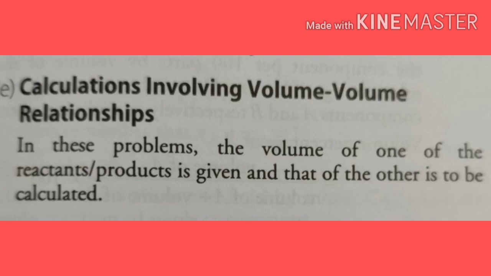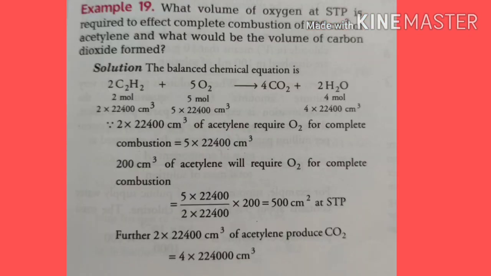So 2 moles of acetylene will consume 5 mole of oxygen and produce 4 mole of carbon dioxide. So for the volume, 2 moles means 2 into 22,400 cc, for oxygen 5 into 22,400 cc, and for carbon dioxide it is 4 into 22,400 cc.